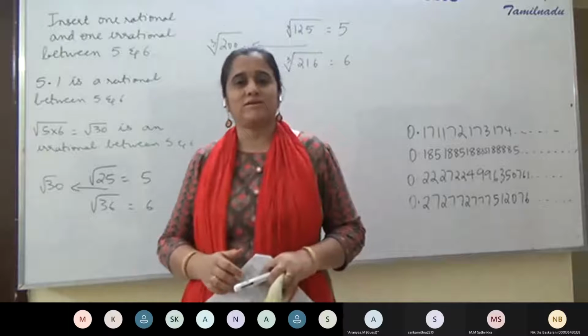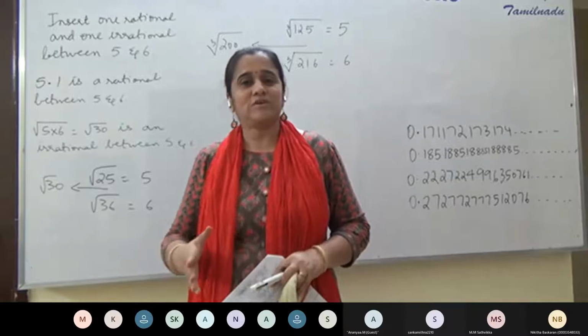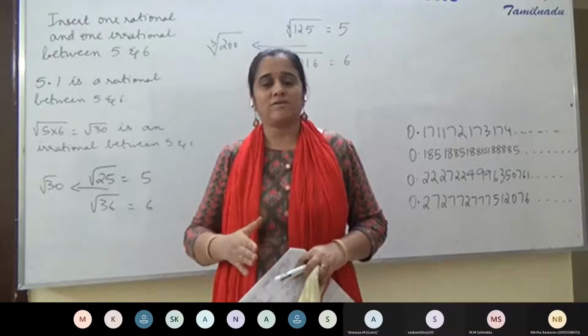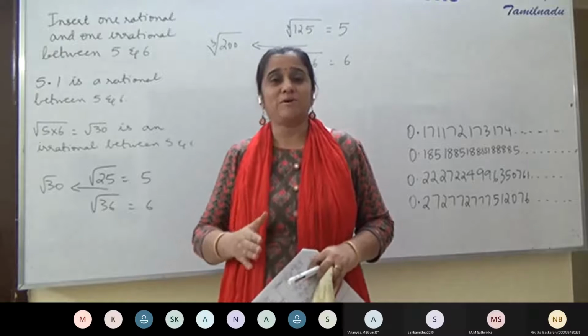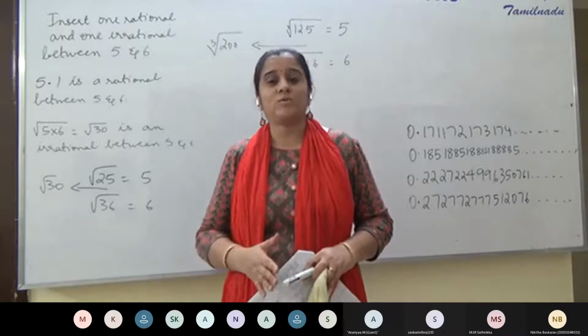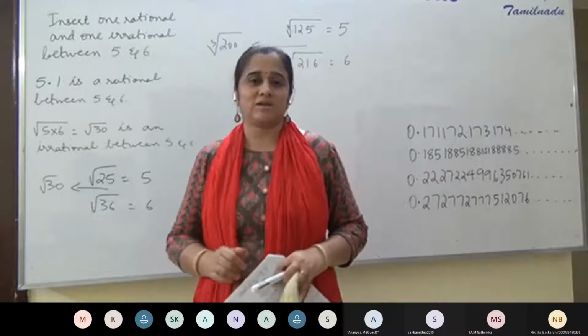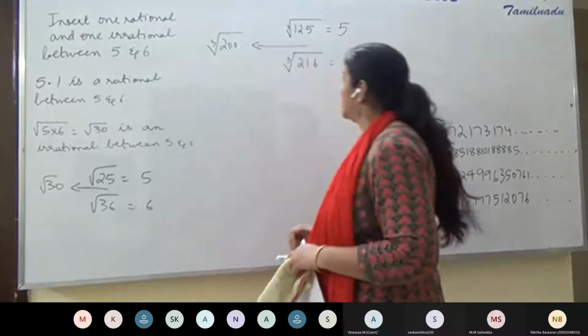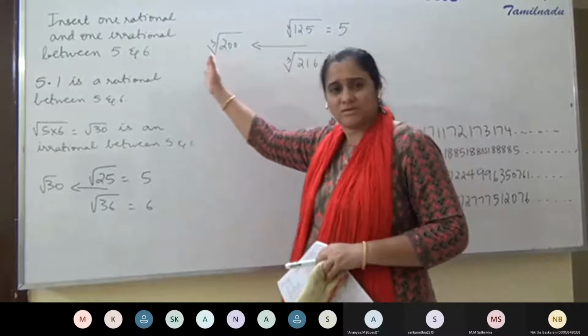So cube root of 200. 200 is an imperfect cube, so the cube root of 200 is an irrational number. And you can give this as an example.